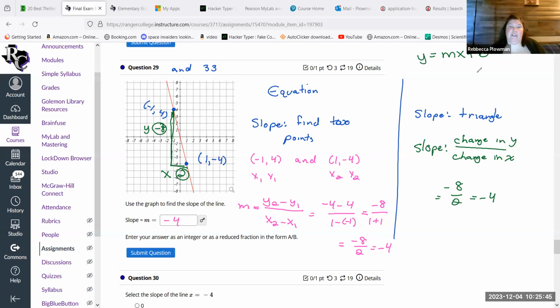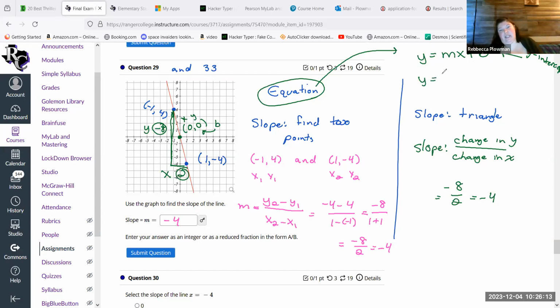So if you do want to have an equation for this instead, like I said here, equation, remember y equals mx plus b. b is your y-intercept. So we see that we cross the y-axis here at the point 0, 0, so x and y. This one here is your b. So it's always that point where you cross the y-axis.